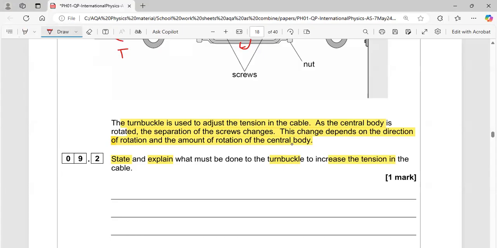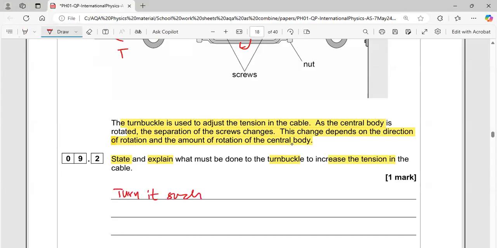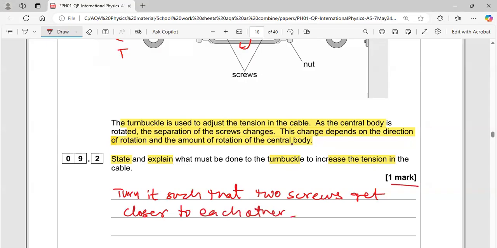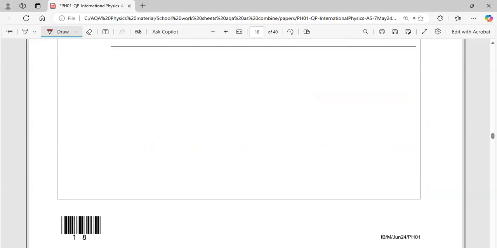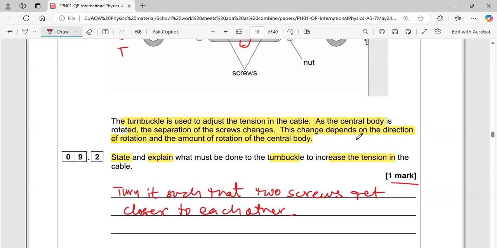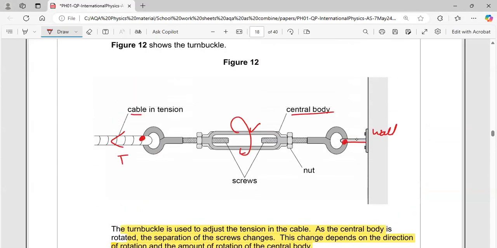Increase. So you will say that turn it such that two screws get closer to each other. That's it. As they're saying 1 mark, it's enough that you should be turning it such that the two screws will be getting closer.